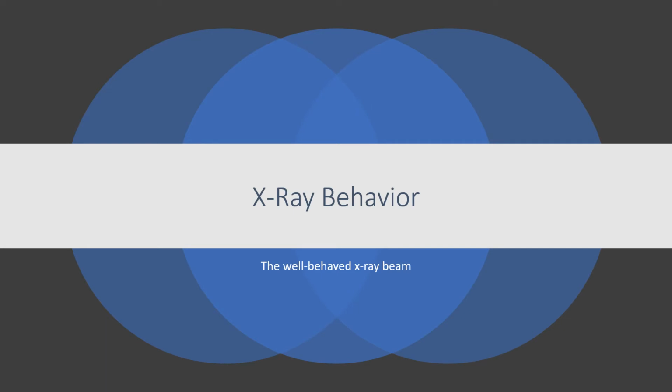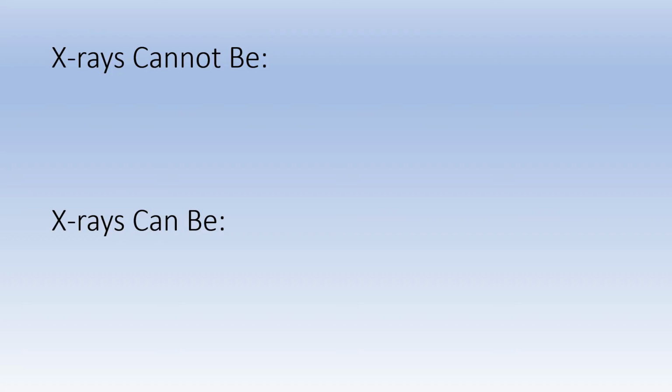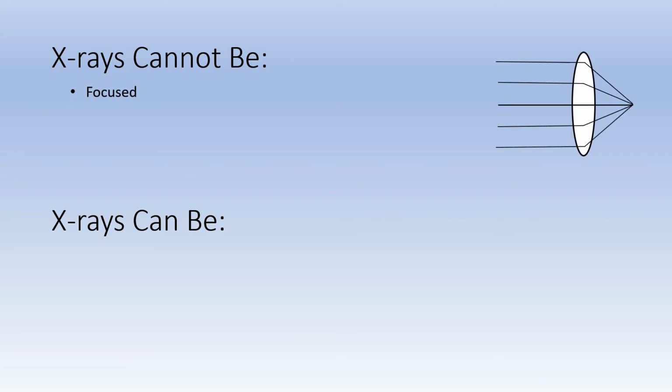Now, let's take some time specifically to list X-ray behaviors that relate to collimation. X-rays cannot be focused. Unlike visible light, X-rays cannot be made to converge or focus.